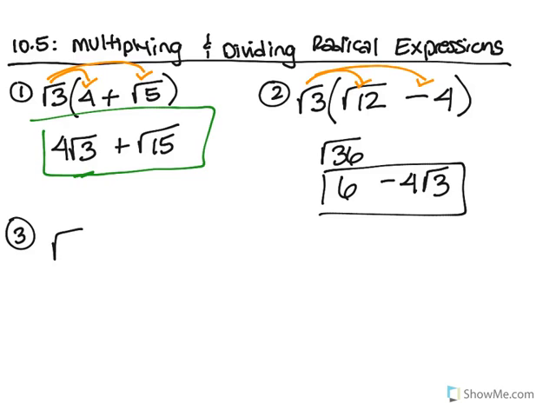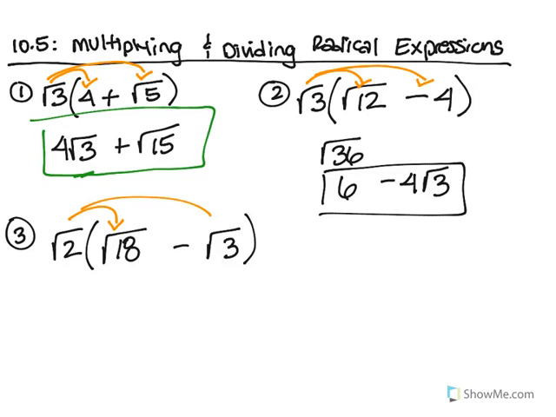What about the square root of 2 times, in parentheses, the square root of 18 minus the square root of 3? When we distribute, that would give us what?